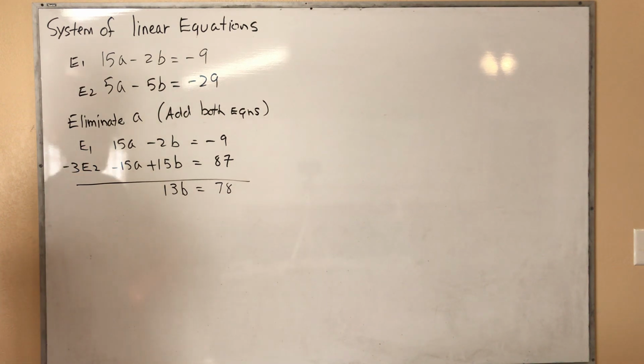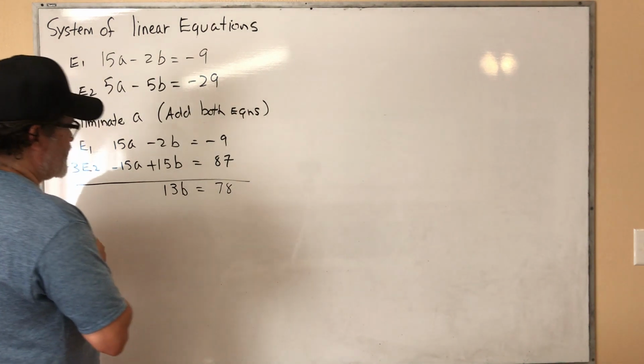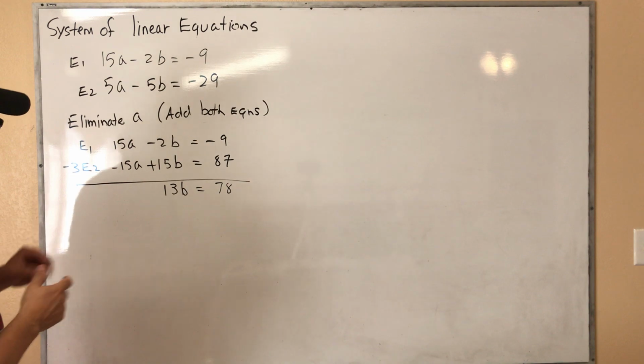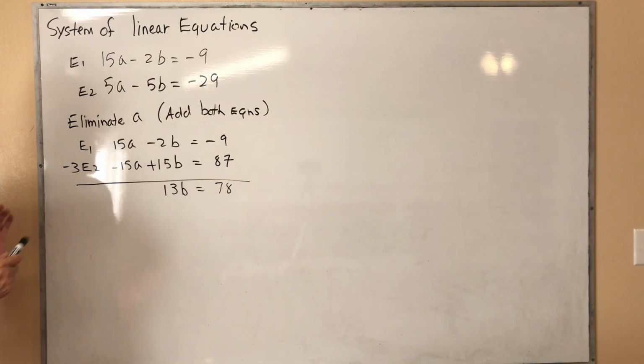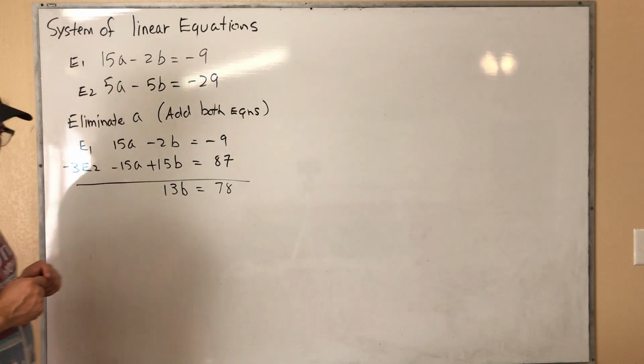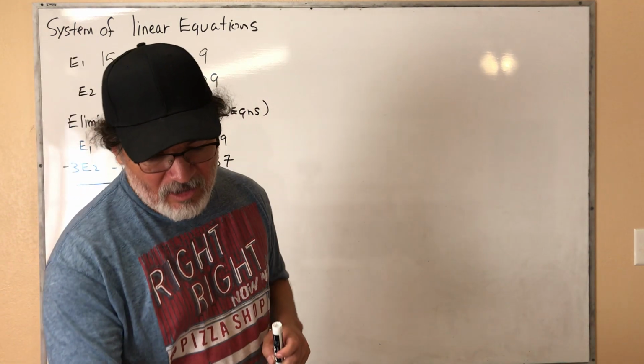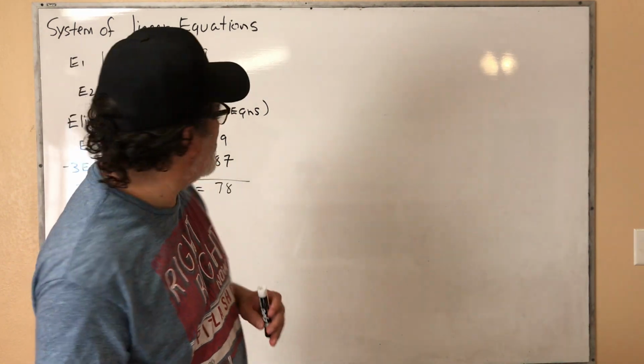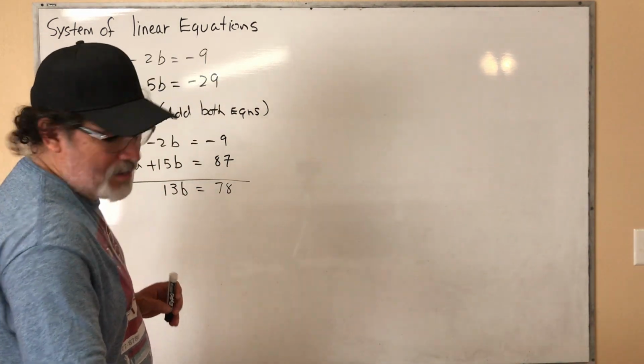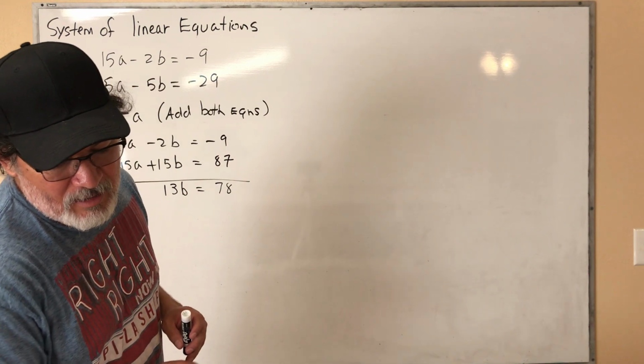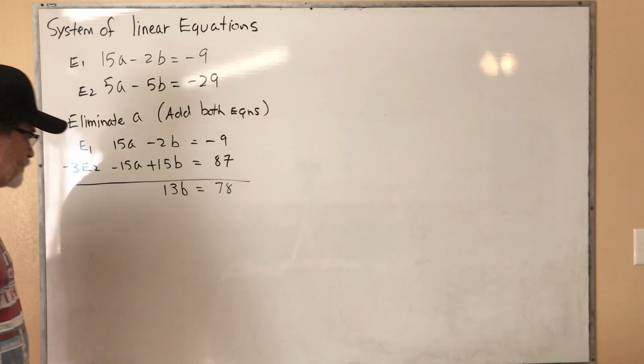All right. Okay, so let me see, 87 minus 9, yep, that's right. Let me see if I wrote it correctly. Negative 29. Okay. All right. Very good. Okay.